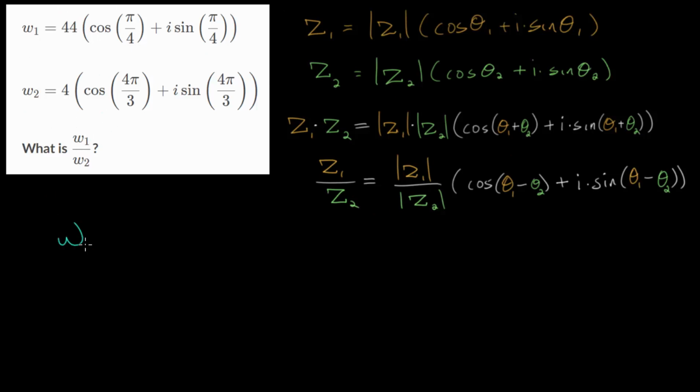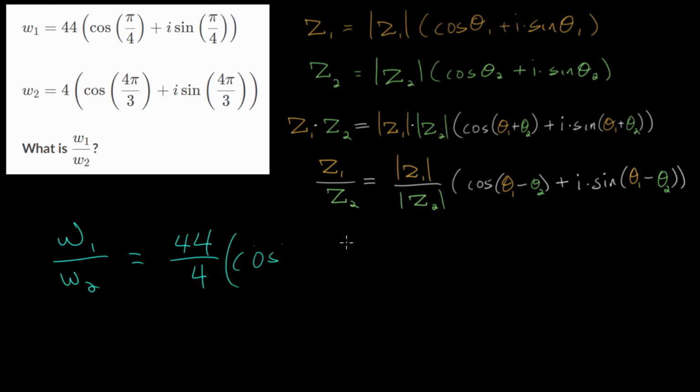For this one, we have W1 divided by W2. And since we're dividing, we will divide the two magnitudes and we will subtract the angles. And for the magnitudes, we have 44 over 4, which will simplify to 11.